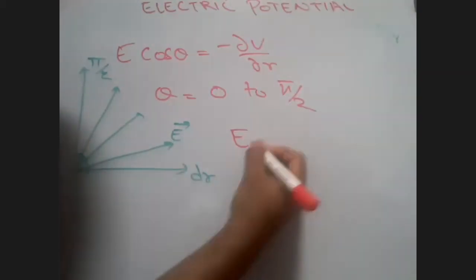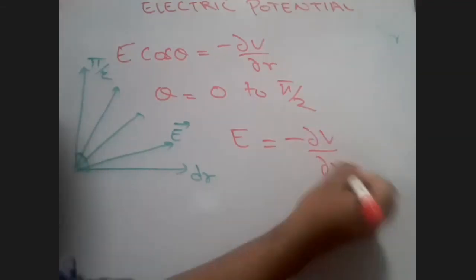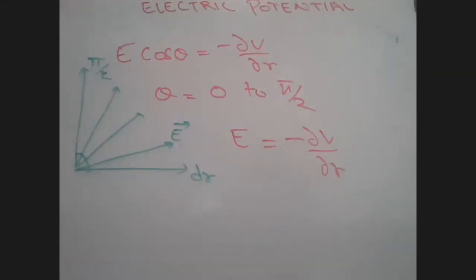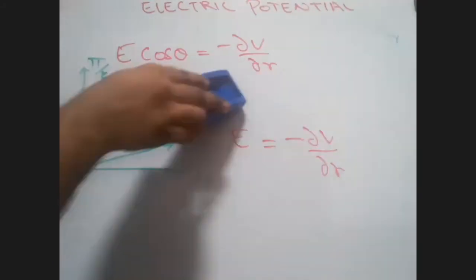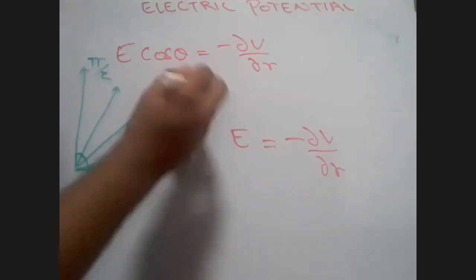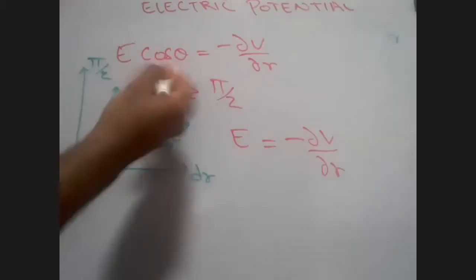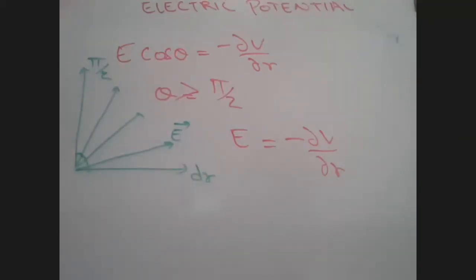But what if I tell you that the theta angle becomes obtuse, let's say greater than pi by 2? What values are you going to get? What will be the values of cos theta in the second quadrant? Will it be positive or negative?